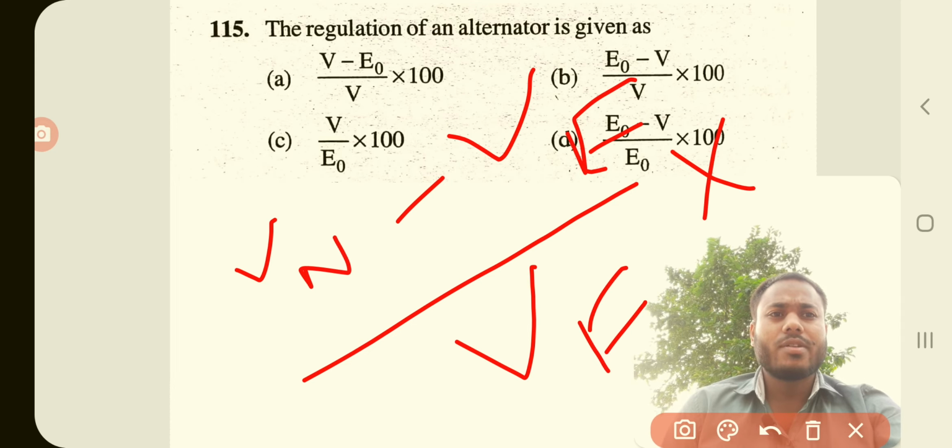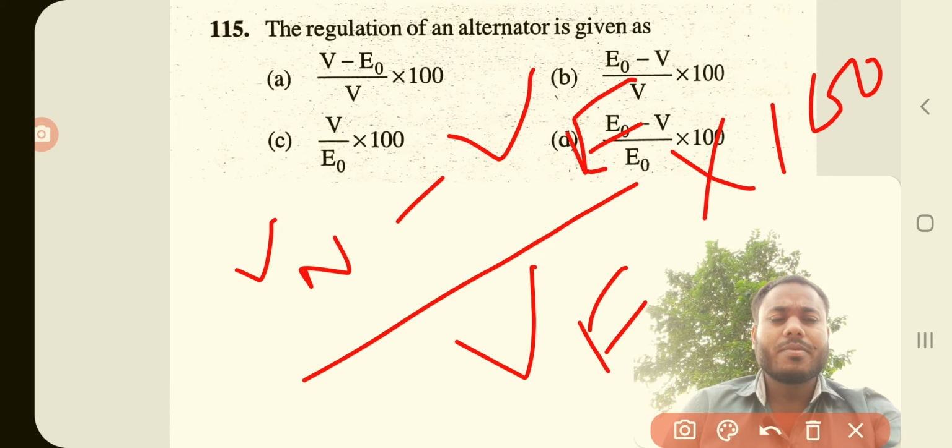This is the voltage regulation formula. So here the right answer will be B. Next, proceed to the next question.